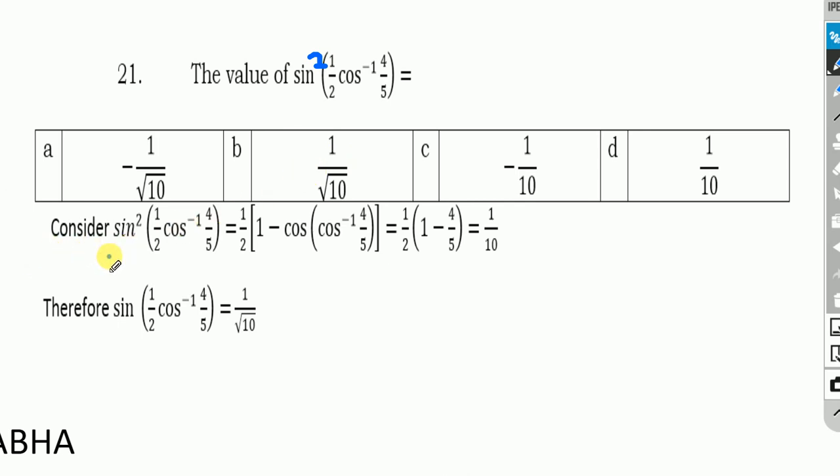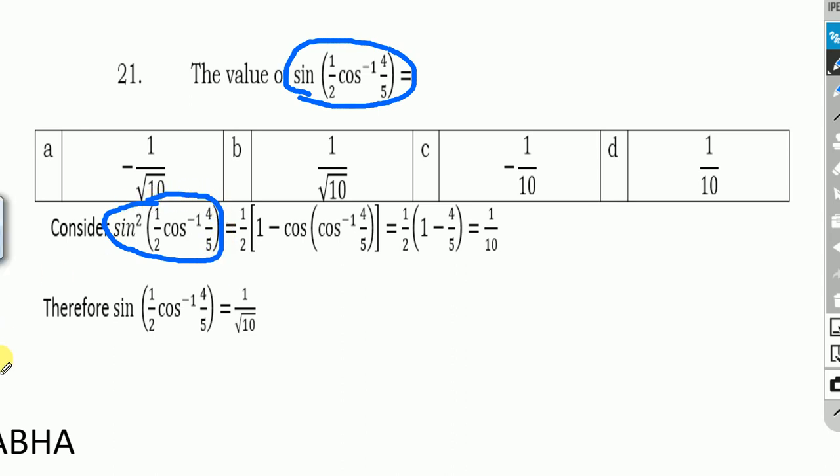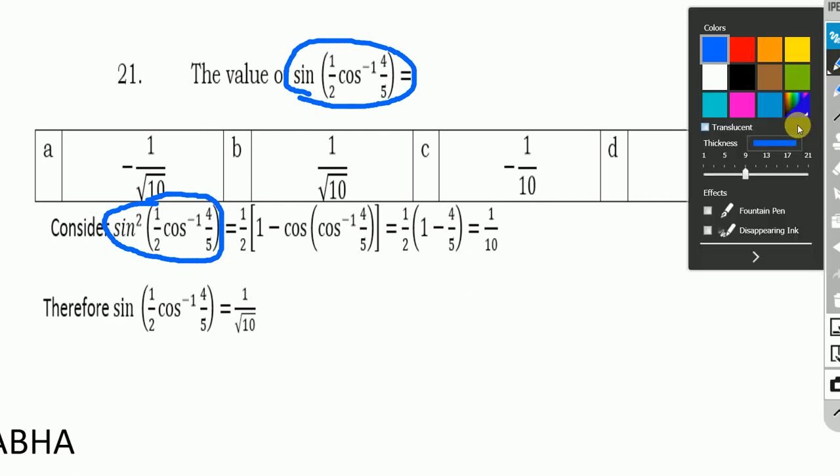So I will consider sine square 1 by 2 cos inverse of 4 by 5, because we have the formula for sine square x.